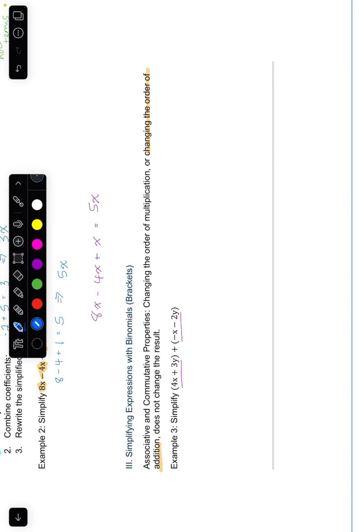If we remember our integer rules, we could do this. I'm going to rewrite this so that we have addition between all the terms. So we get 4x plus 3y plus negative x, or negative 1x, plus, so remember, if we have minus 2y, we can also say it's plus negative 2y.